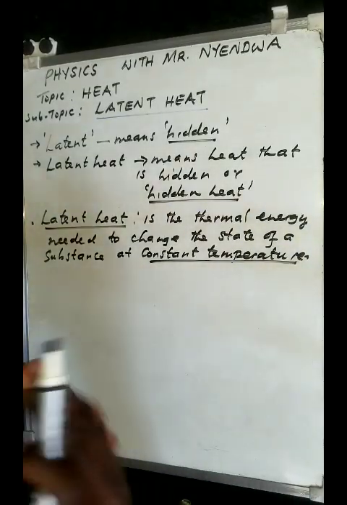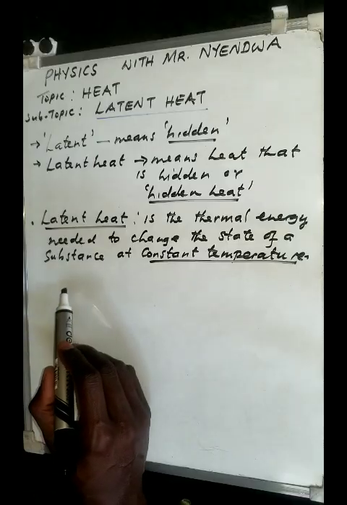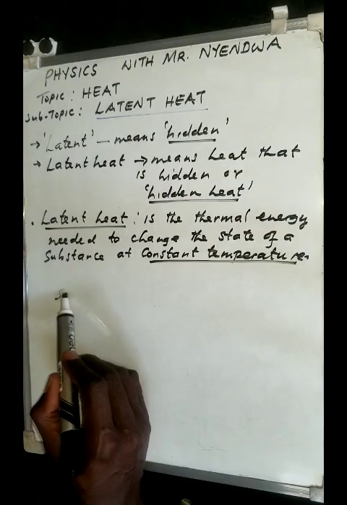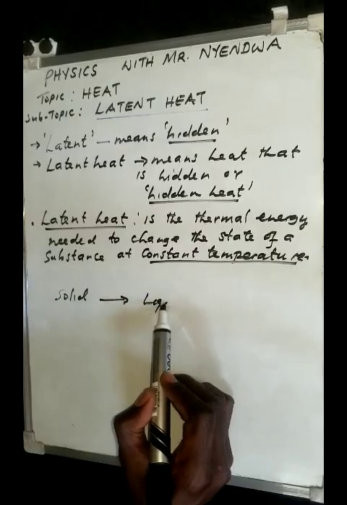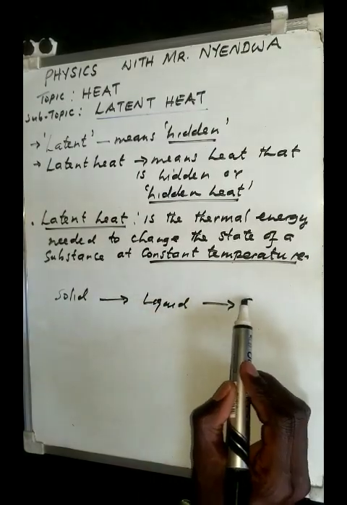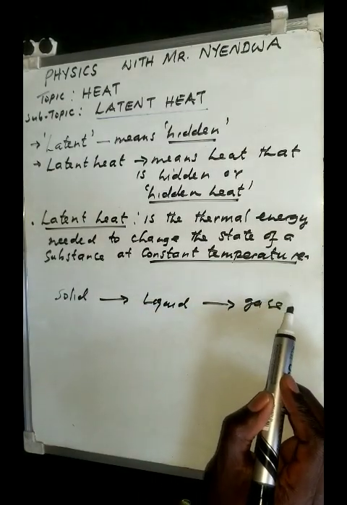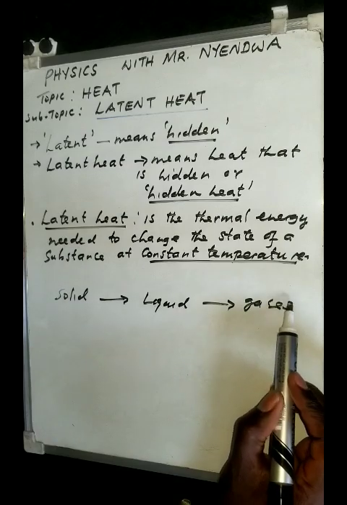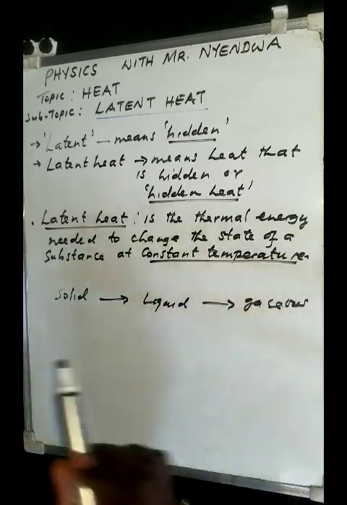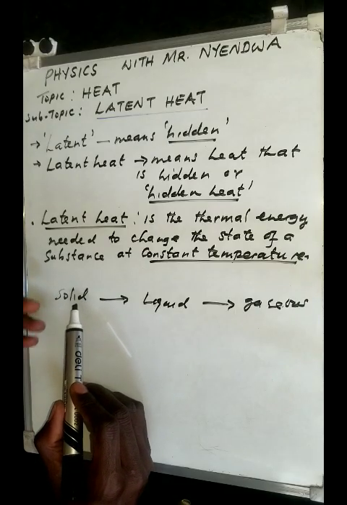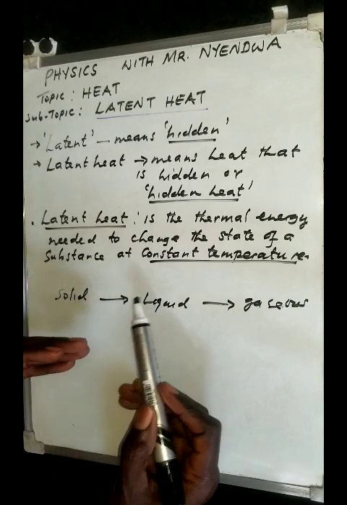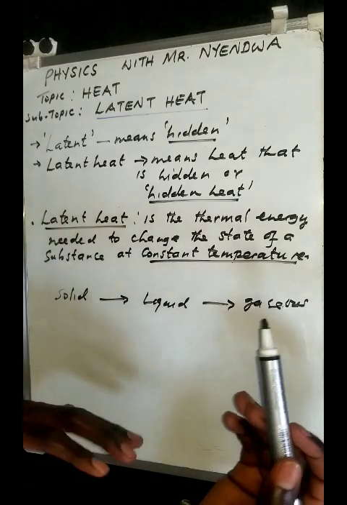Remember, there are three states of matter that normally we talk about. Something can be in solid, something can be in liquid state, or something can be in gaseous state. So now the thermal energy needed to change the state, for example, you want to change something from solid to a liquid, or from a liquid into a gas.